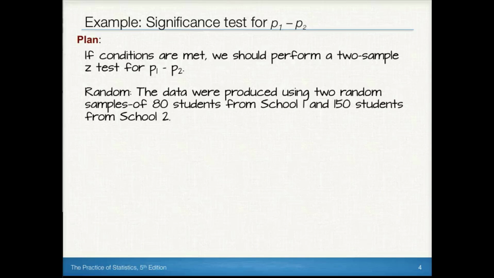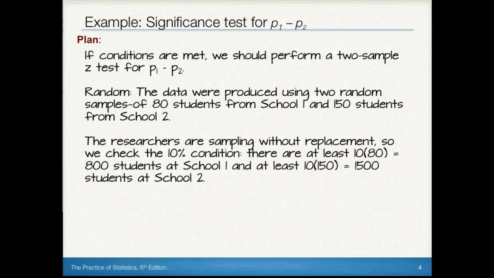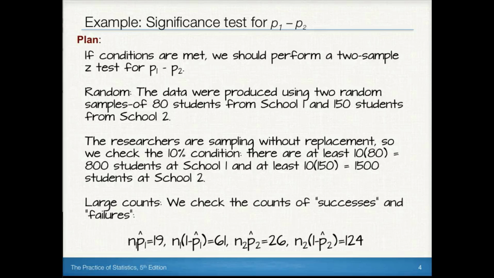Well, we were told the data were produced using two random samples of 80 students from School 1 and 150 students from School 2. So our random condition in this case is met. Now the researchers are sampling without replacement, so we have to check our 10% condition. Note there are at least 800 students at School 1 and at least 1,500 students at School 2, as given by the problem, so the 10% condition is met.